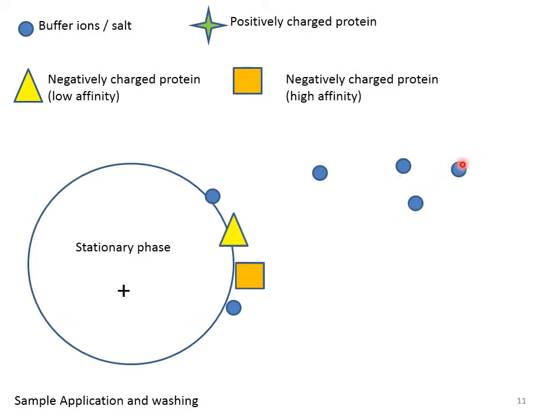So these are the negatively charged ions which are present in the buffer. As the concentration of these negatively charged ions is increased, they are going to displace the bound proteins. The protein having low binding affinity with a stationary phase will be displaced from the column at a low concentration of competing ions.